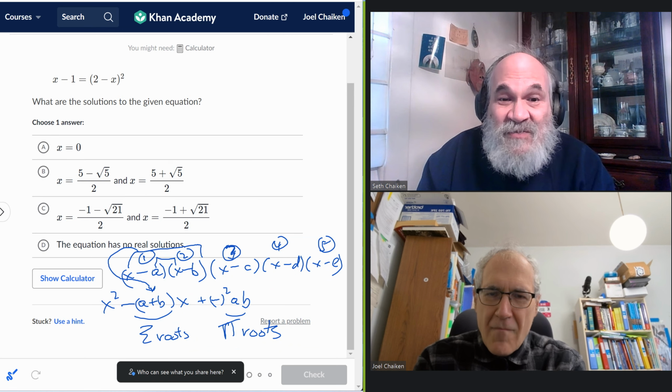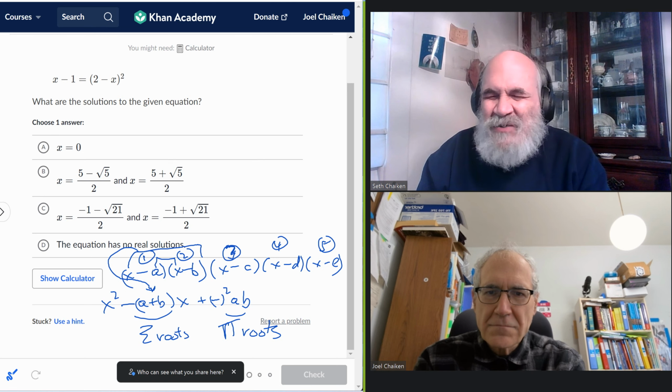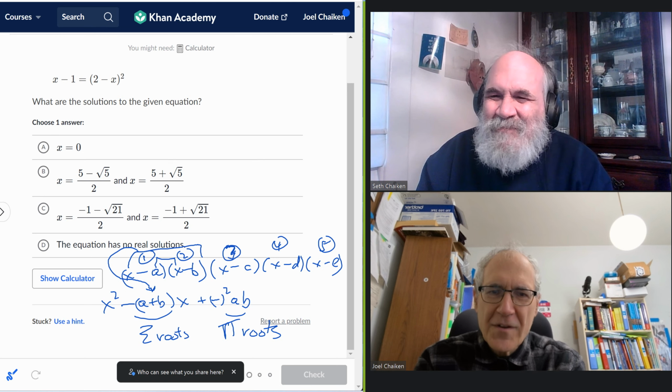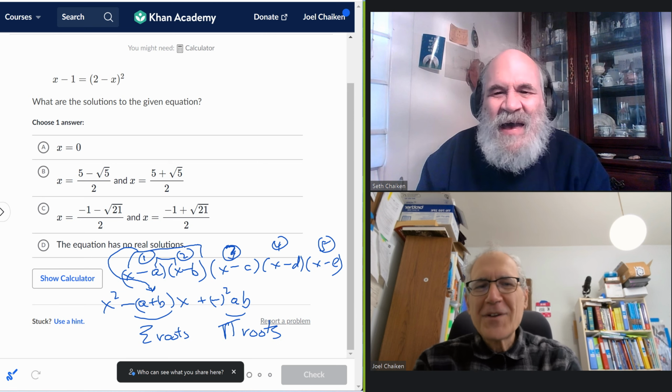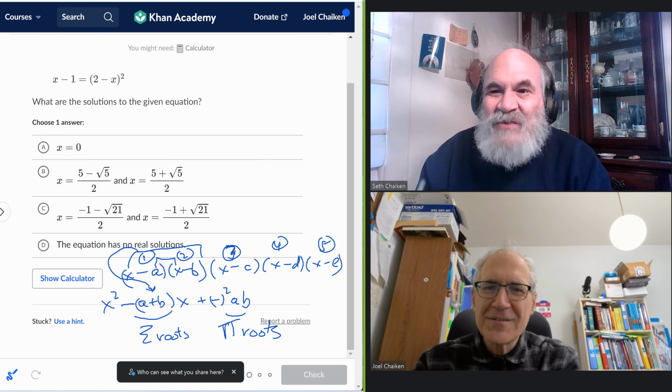And what you get is some product of x's, which gives you x to a power, times some product of the roots. So every coefficient is composed of a particular power of x times the product of a particular number of roots. That's where it comes from.